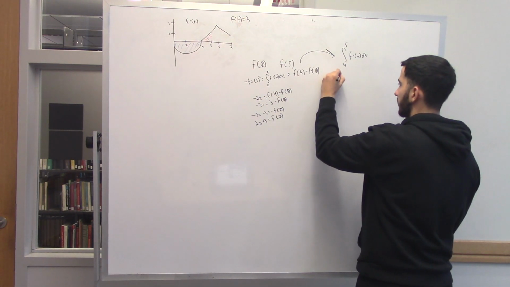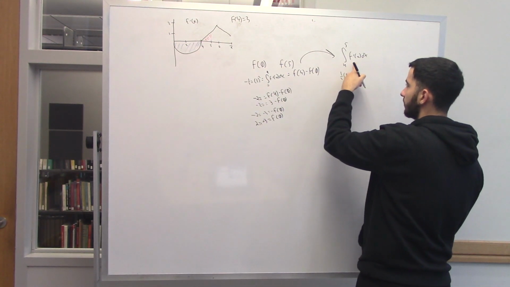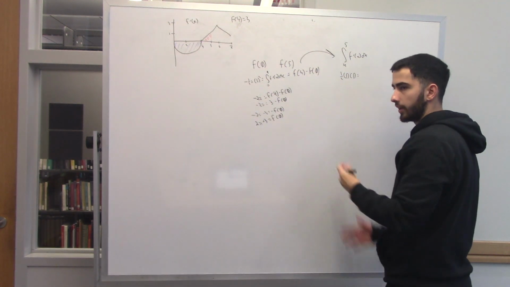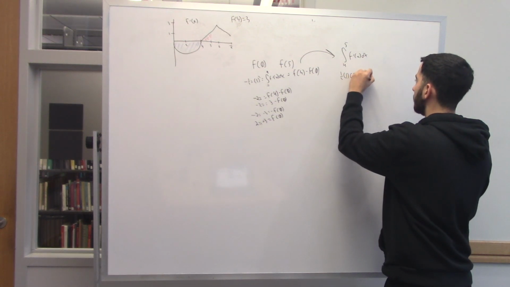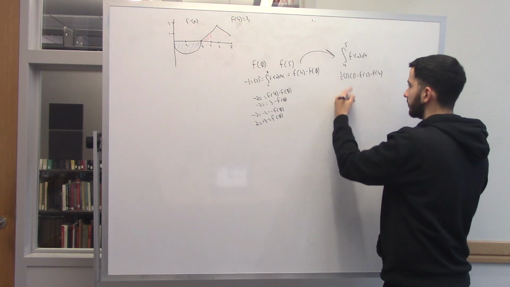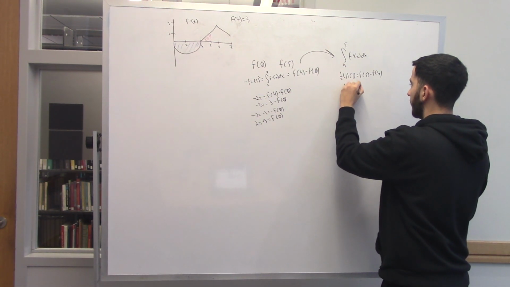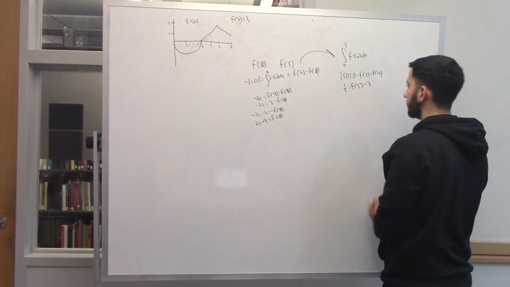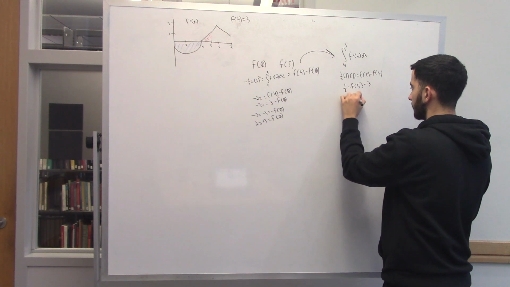So it's half times 1 equals, again, when you evaluate this integral, you're going to get f of 5 minus f of 4. Right? 1 times 1 is 1, times a half is a half. We don't know what f of 5 is, and we know f of 4 is 3. Add 3 to both sides, you should get 7 halves equals f of 5.